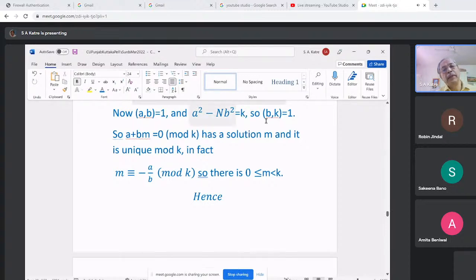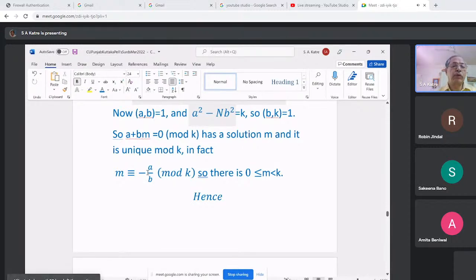And that would mean that a and b GCD is not 1. So this means b and k, they are coprime. And once b and k are coprime, you can solve. And b is invertible modulo k. And 1 by b is actually a b dash, where b dash is the inverse of b modulo k. Last time we have seen inverse.